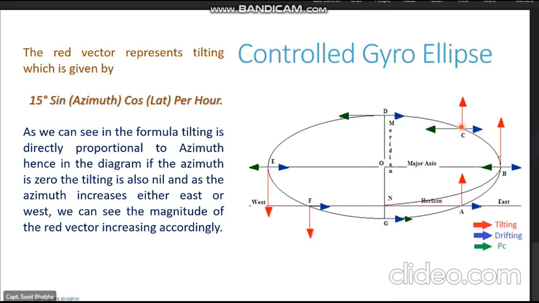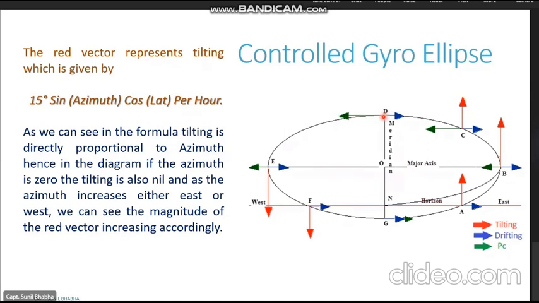So tilting also reduces, and you see the tilting vector becoming shorter than what it was at point Bravo. As you go from Charlie to Delta, at point Delta, the azimuth becomes 0. So going from point Charlie to point Delta, as the azimuth keeps coming down, the tilting vector also reduces in magnitude and eventually becomes 0 at point Delta.